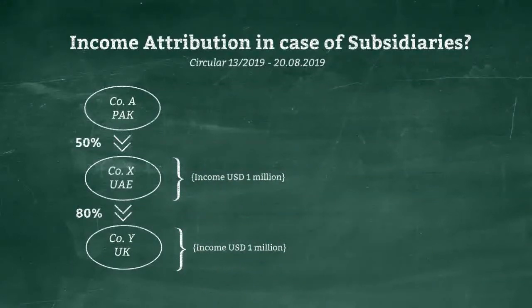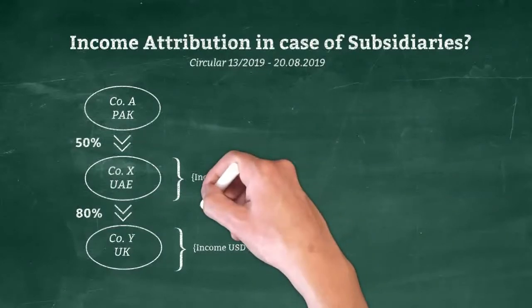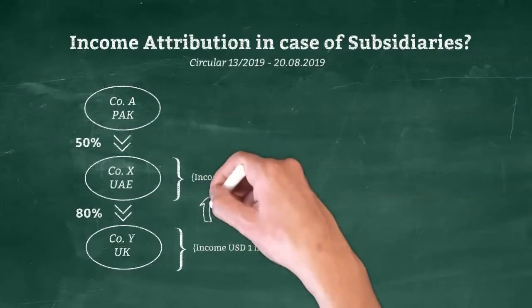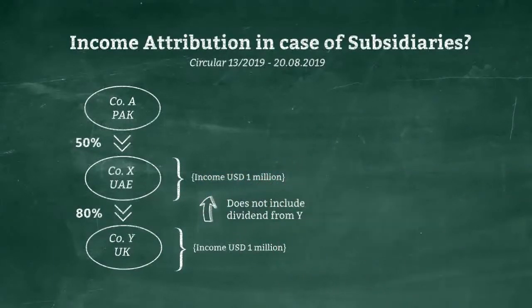It has to be established first that the income of Company X does not include dividend from Company Y, and if there is so, the same shall be excluded to avoid double taxation.